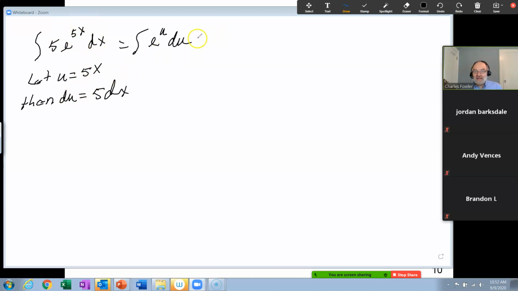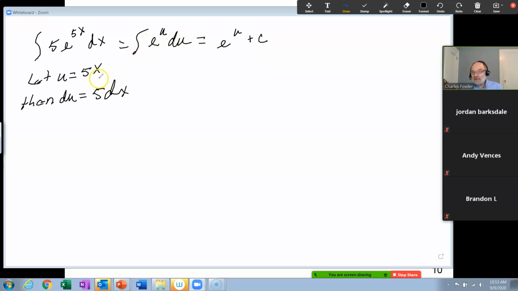And I think even I could probably figure out what the antiderivative of that is. Anyone might want to make a guess? Antiderivative of e to the u. It's my favorite of all time. Exponential functions, the derivative is themselves, the antiderivative is themselves. It's just e to the u. Of course, plus c because it's an indefinite integral.